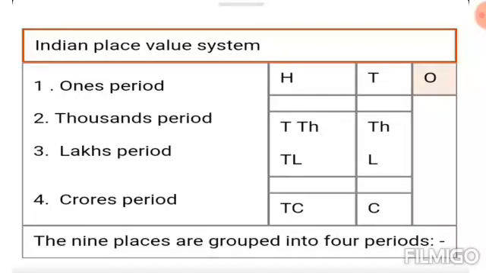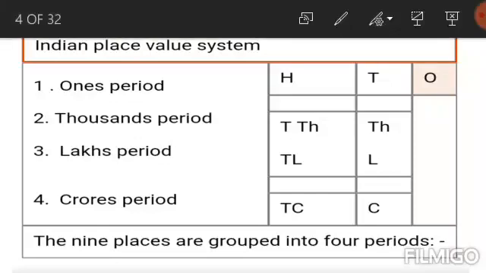While reading a number in the Indian system, all the digits in the same period are read together and the name of the period, except the ones, is read along with them. While writing a number in the Indian system, we usually put commas after every period to separate the periods. This helps us read the number easily.